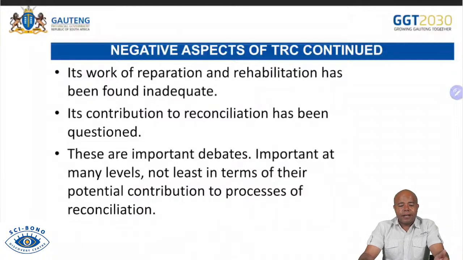It also further entailed that its work of reparation and rehabilitation was found inadequate. Why? Because if you were the victim, you were promised a certain amount of money. Now take note, money could not replace the life of a lost victim, basically.